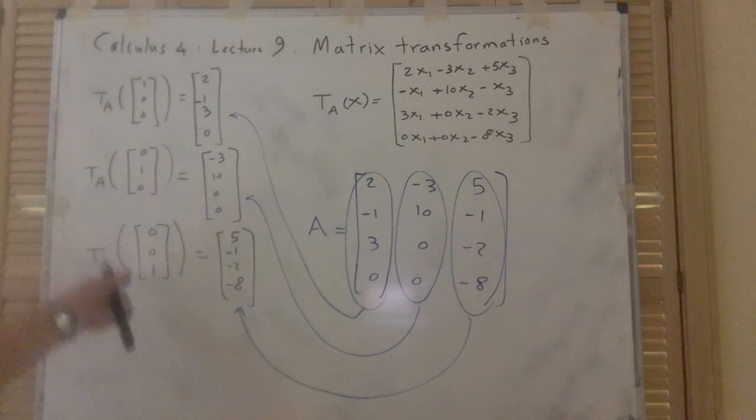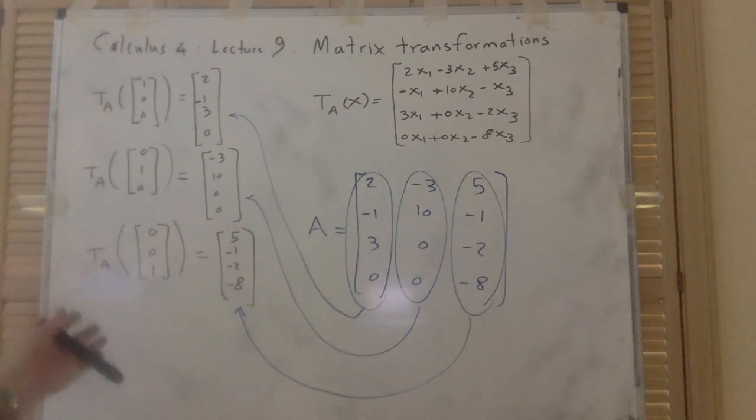So this will be how you represent the columns of A. You would say the first column will be TA applied to E1, then TA applied to E2, TA applied to E3. Okay? So you don't have to do this when the transformation is given explicitly.